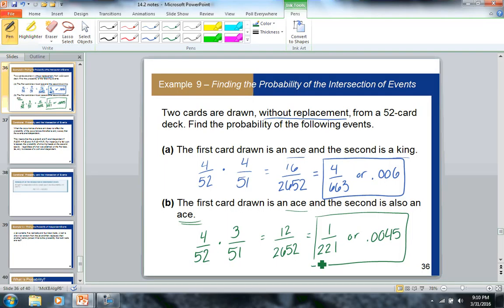Okay, so the important thing to notice for these two examples is that the second event depends upon the outcome of the first event. So it's going to affect either how many events you have that you want in your numerator or the total number of set events in the denominator.